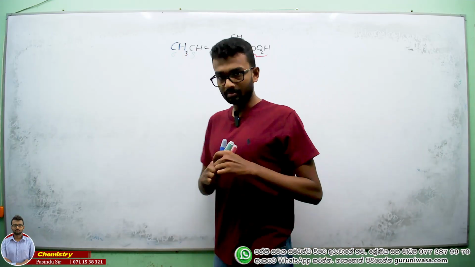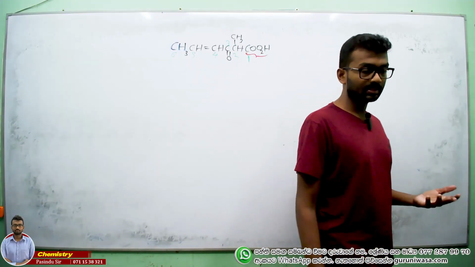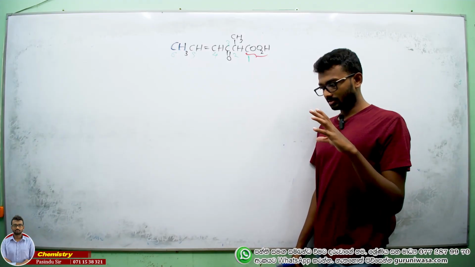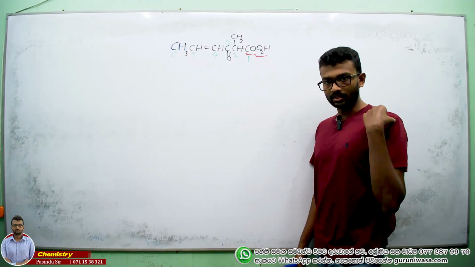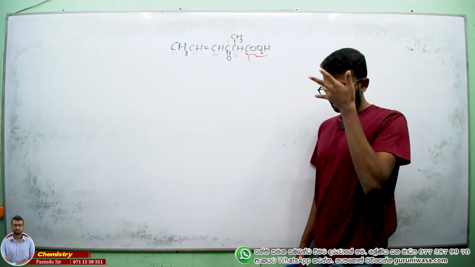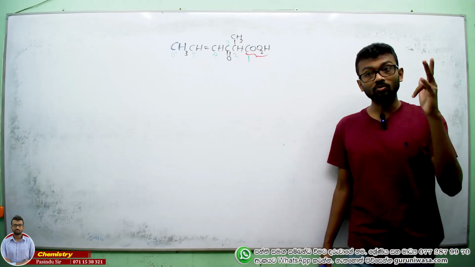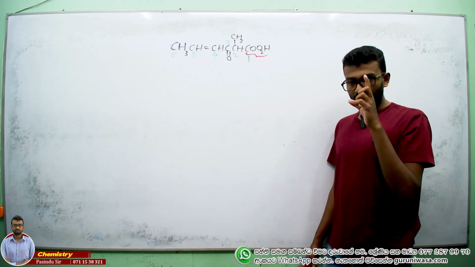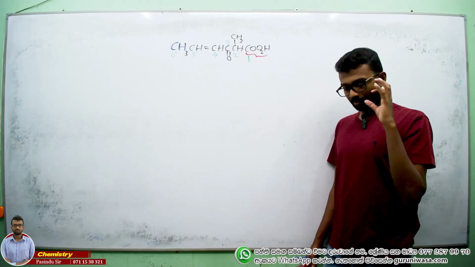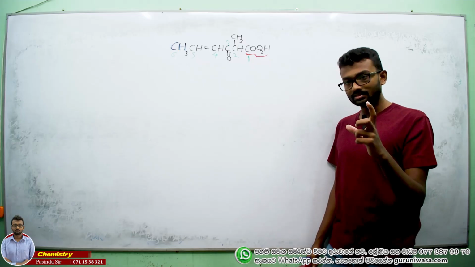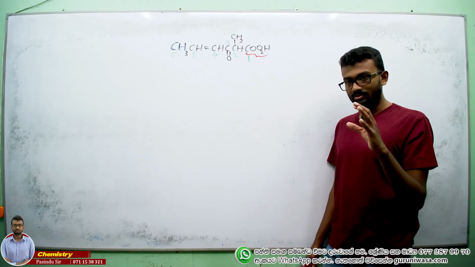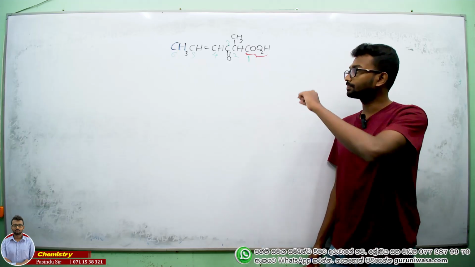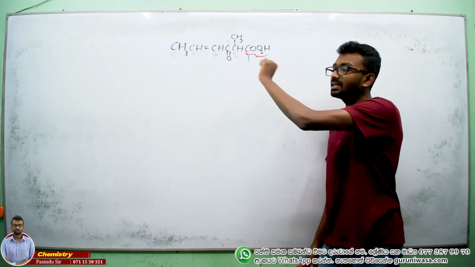And another thing, just remember in the exam, the maximum carbon chain that you get, I mean the main carbon chain, not the number of carbons in the molecule. I'll say the number of the main chain.